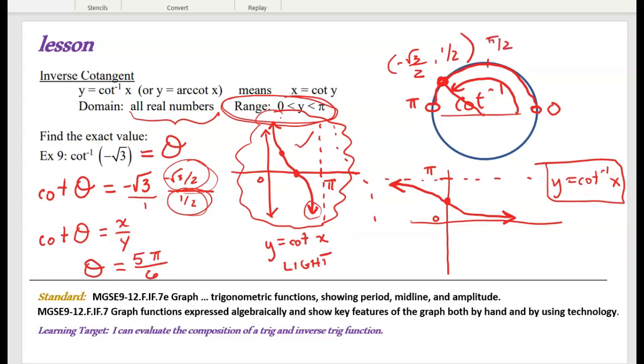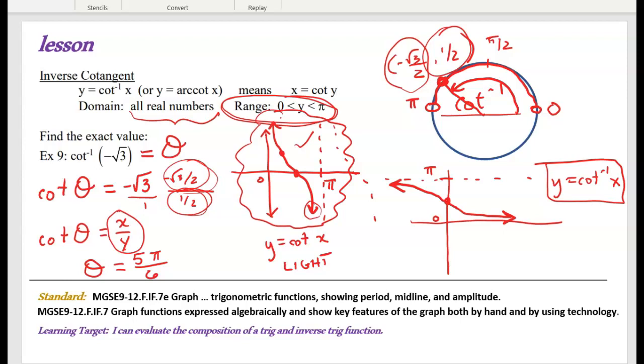So only one of those points, when you put the x-coordinate over the y-coordinate, is going to give you negative root 3. So I just want to remind you, with cotangent and tangent, you have to do this kind of working backwards. I need to find an x-coordinate and a y-coordinate that gives me negative root 3. Well, those are my coordinates. Therefore, my angle is 5 pi over 6.